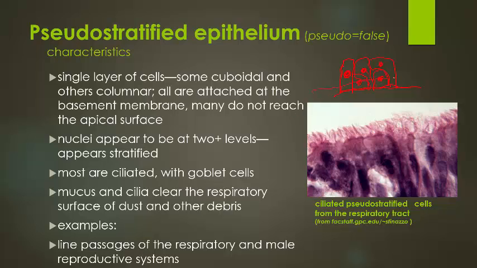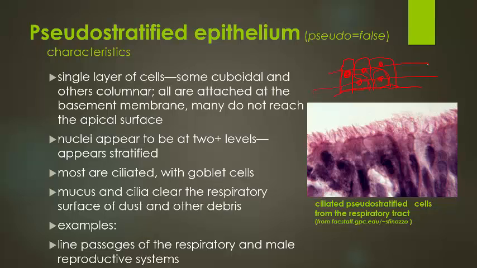Because you'll have a layer of nuclei in the cuboidal cells that's closer to the basement membrane, and then because they're kind of squeezed, another layer of nuclei that are higher up in the epithelium. So it creates this appearance of stratification, but if you were to be able to dissect out and look really closely, then you would see that all of them attach back to the basement membrane.